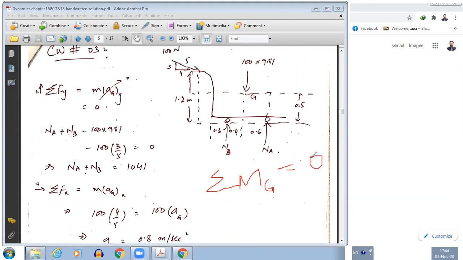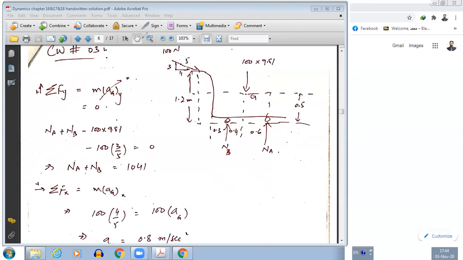Or what we can do is find the summation of moment at any point other than that. Suppose we find the summation of moment at NB. This thing will not be 0, but one thing is very clear: when we are taking the summation of moment at NB, the NB will be ignored, and we can actually find NA.